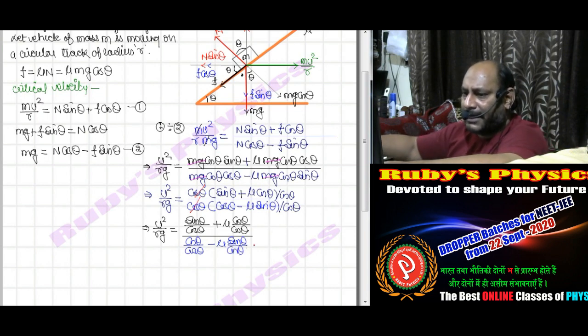You can see that cos theta and cos theta in the numerator cancel, cos theta and cos theta here cancel, and sin by cos we know is tan theta.